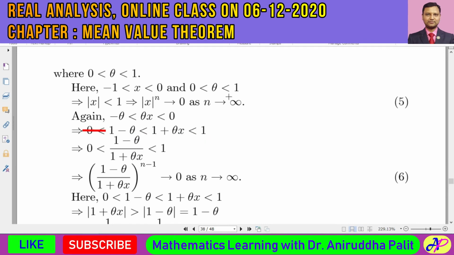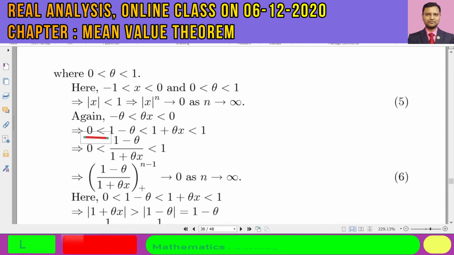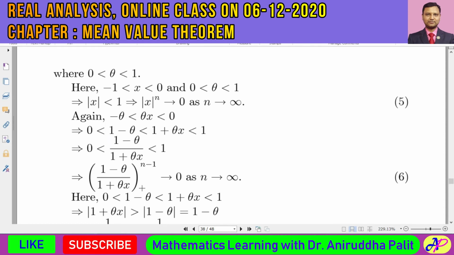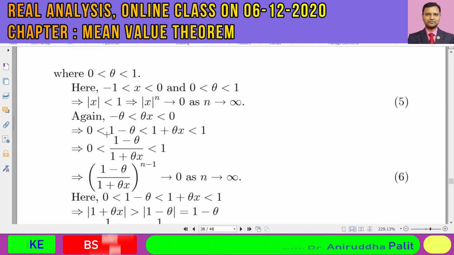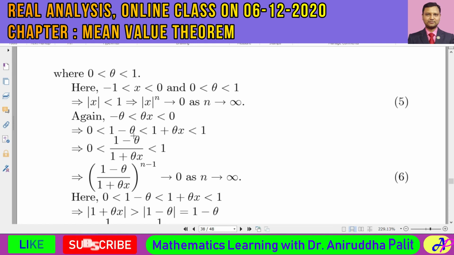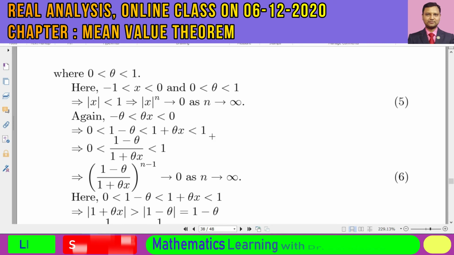Now we are given that theta is less than 1, and therefore we get the restriction that 1 minus theta is a positive quantity. So ultimately we have 0 less than 1 minus theta, that is less than 1 plus theta x, that is less than 1.